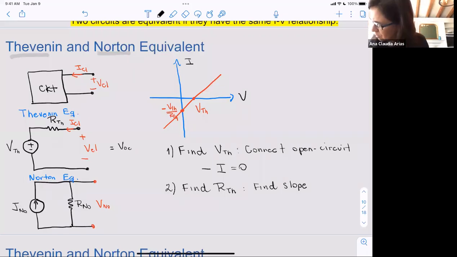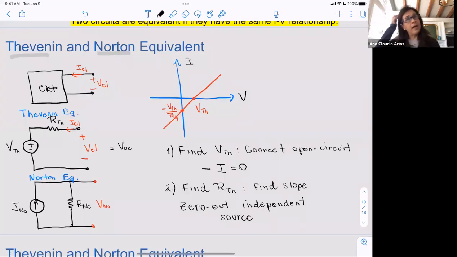We zero out the independent sources. So I will say independent sources, both current and voltage, right? If I have current or voltage sources that are independent, I will zero them out. This is what we did.